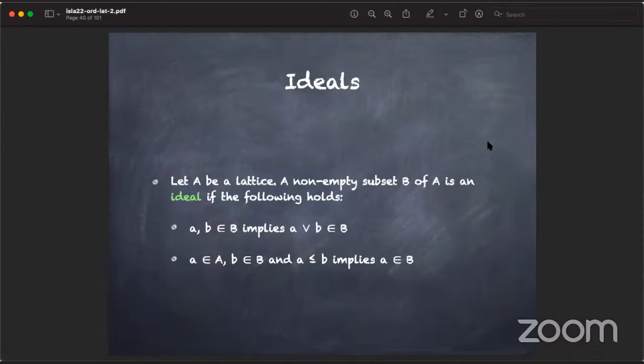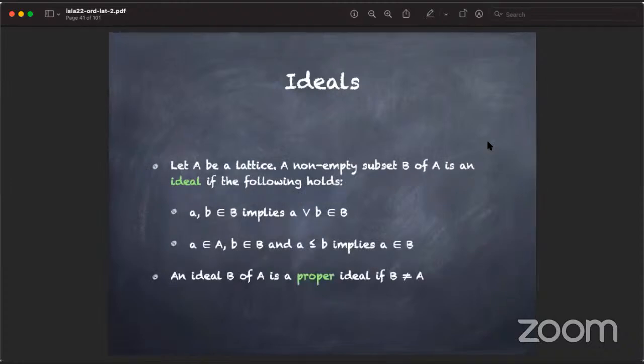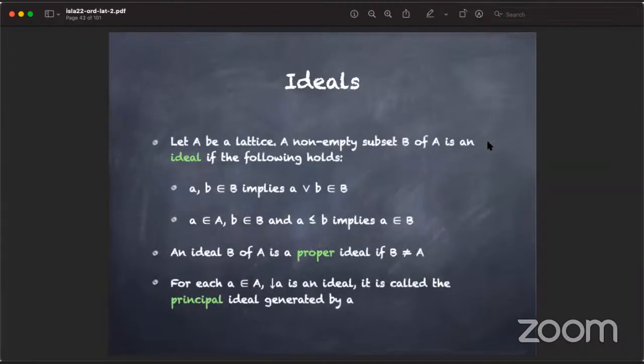Some straightforward concepts regarding ideals: an ideal will be proper if it is not equal to A. Of course, every lattice is itself an ideal of itself. And the downset of a, meaning down a, does form an ideal, and we call that the principal ideal generated by a.